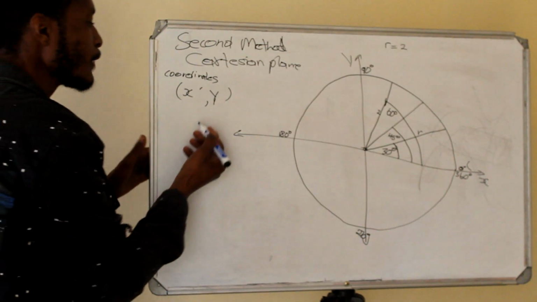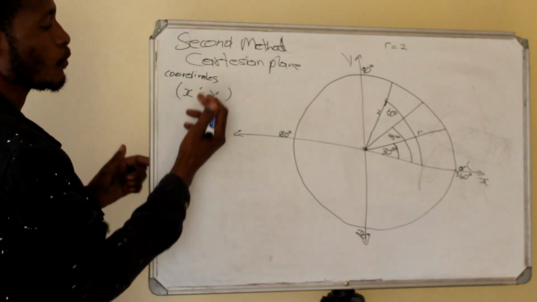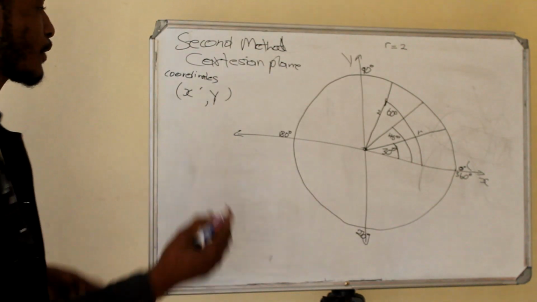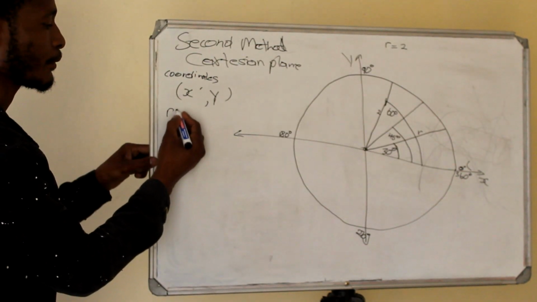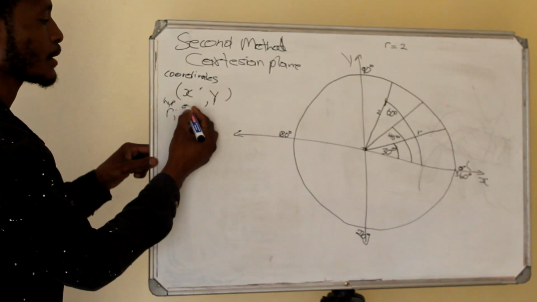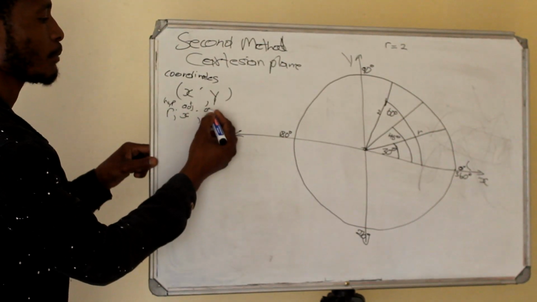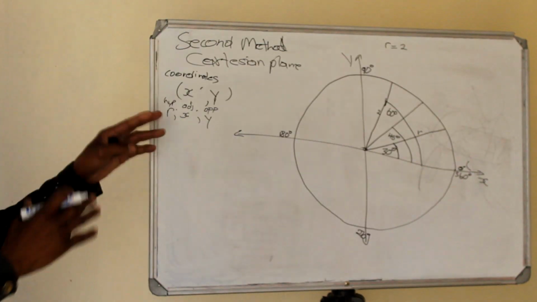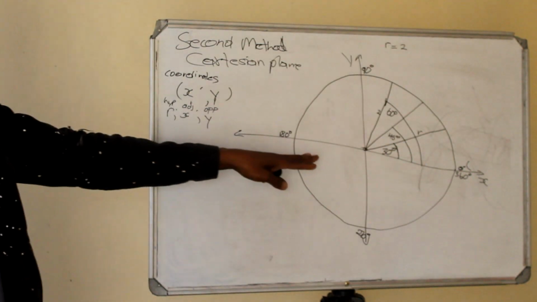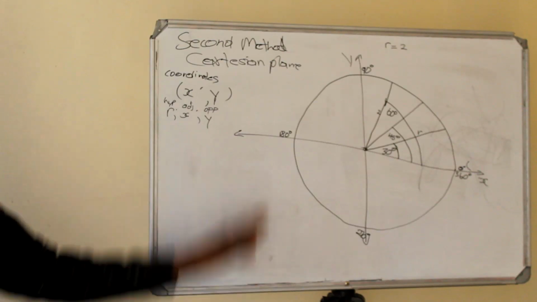Now the abscissa and the ordinate, being the x and the y, are the same x and y that we use when we are doing our trigonometric functions, using r for the hypotenuse, x for the adjacent side, and y for the opposite side. Okay, so that's basically what's happening there.